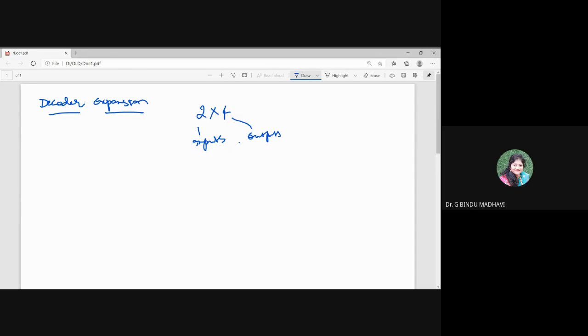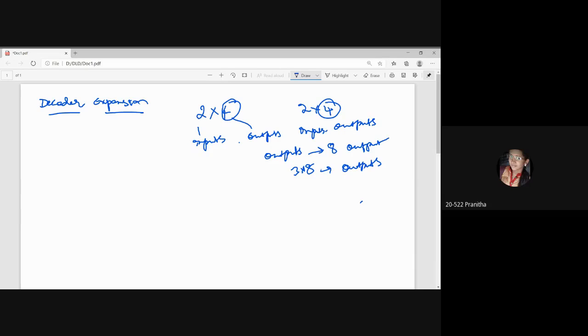Like that, the other 2 by 4 also has 4 outputs and 2 inputs. Overall, how many outputs are there? Eight. If you construct a 3 by 8 decoder, how many outputs will be there? Eight outputs. So here the output is the same.